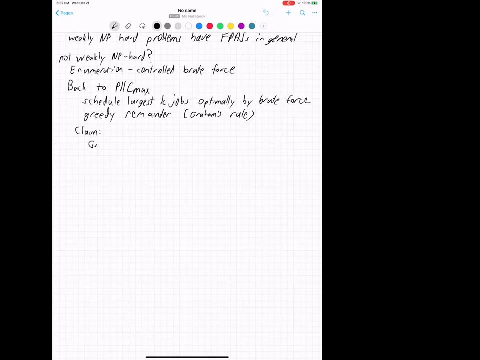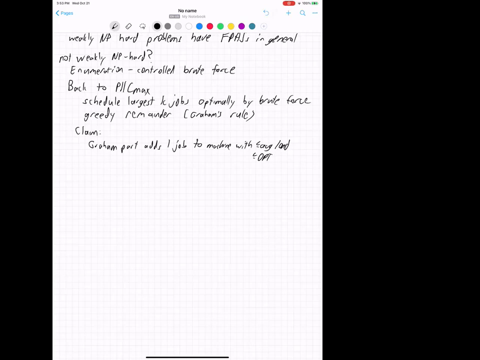So the Graham part adds one job to a machine with below average load, which means that it's less than or equal to the optimum.